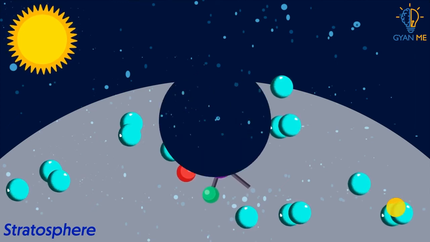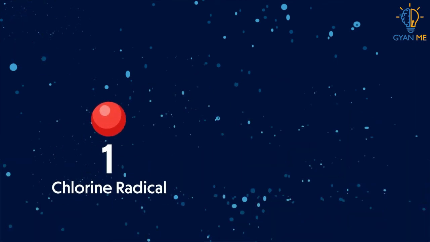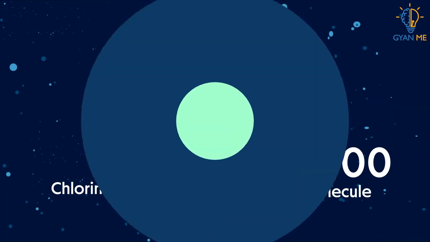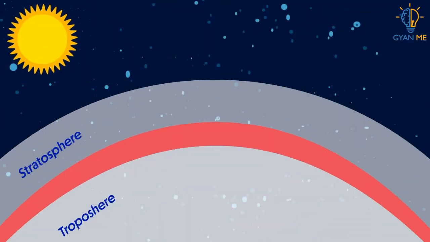Do you know, students, one chlorine radical can destroy more than 1 lakh ozone molecules, eradicating ozone much more quickly than it can be replaced. And thus, this depleting concentration of ozone creates a hole in the layer of ozone.